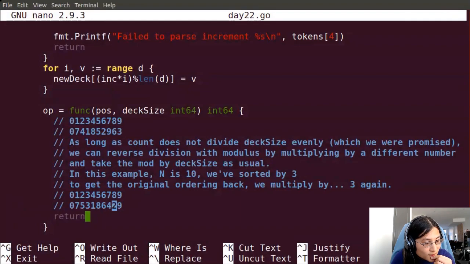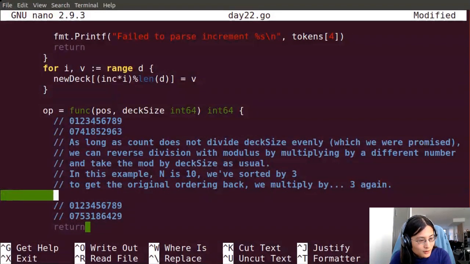Wait, that's not right. Oh, these are not coprime. So I can't do an example with 2.